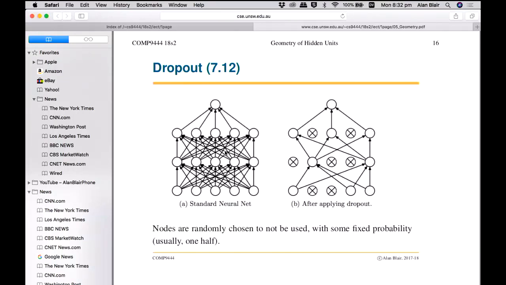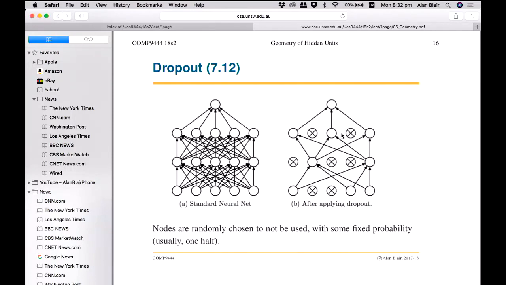If only 20% of the nodes were dropped out, then at the end you'd multiply every activation by 80%, because that's the fraction of nodes that aren't dropped out. If you think about it, this node is used to receiving inputs from, let's say, only these two nodes. Now it's receiving from everyone, but they're all multiplied by a half. So on average, it's getting the same activation that it would have got in training. I don't know if that's clear, but that is actually the case.